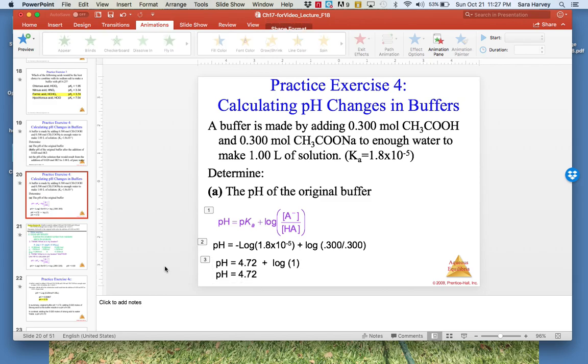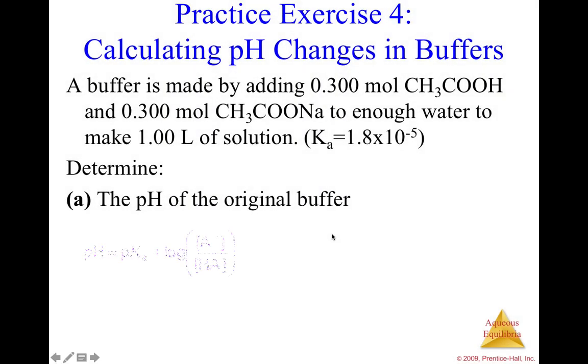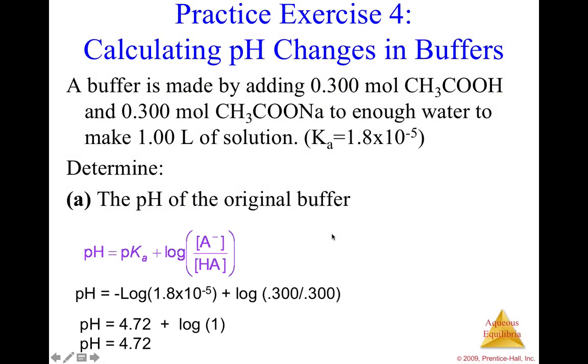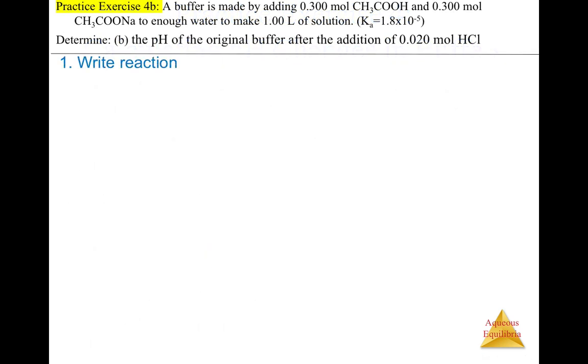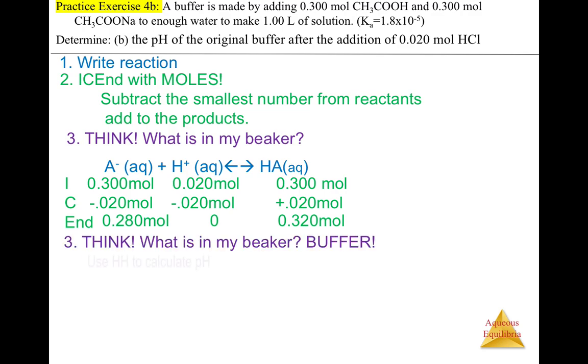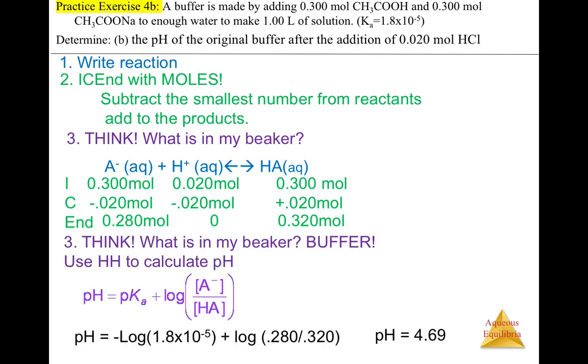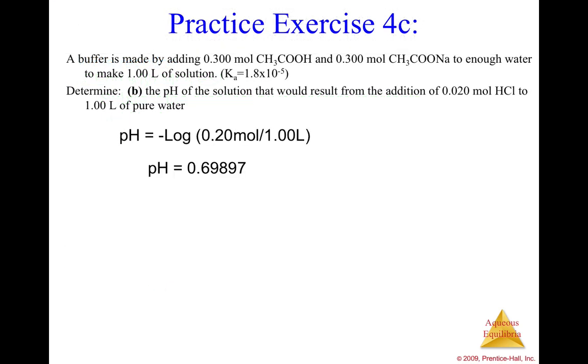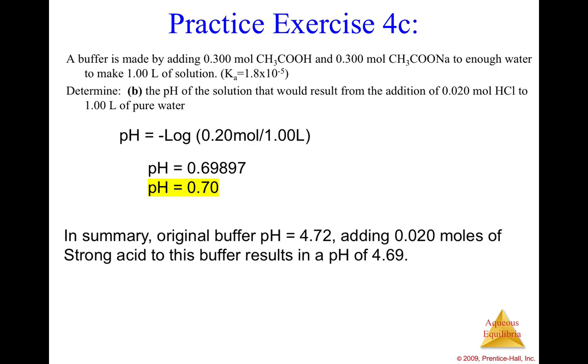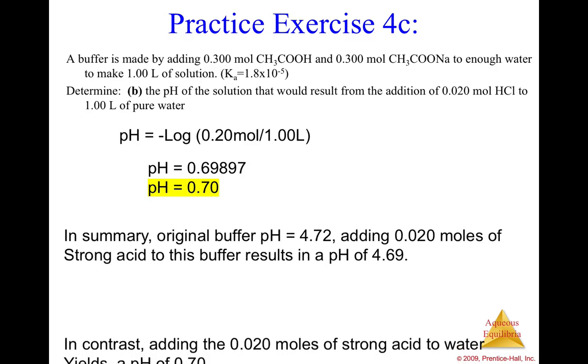Hopefully you caught this mistake, and now you can see that you are correct. The negative log of 1.8 times 10 to the negative fifth is 4.72. When I was using my notes, I wrote down the wrong number. Apologize for that. So 4.72 with just the buffer drops down to 4.69 when you add the acid to the buffer. And then lastly, 1.70 with strong acid to pure water.